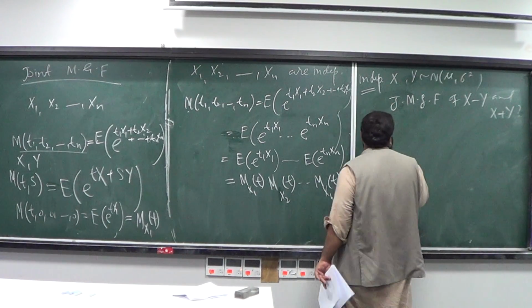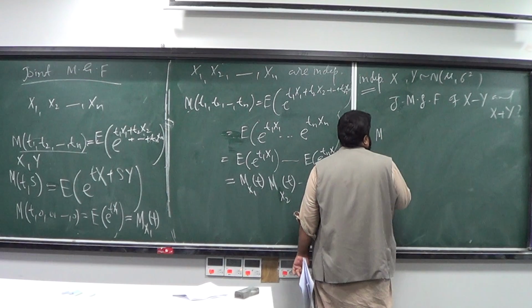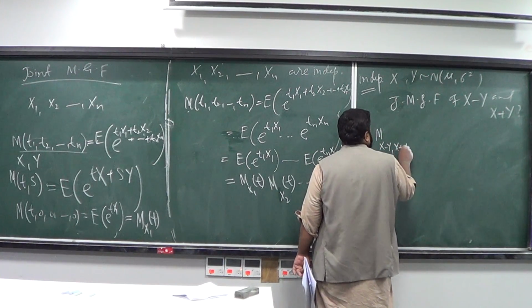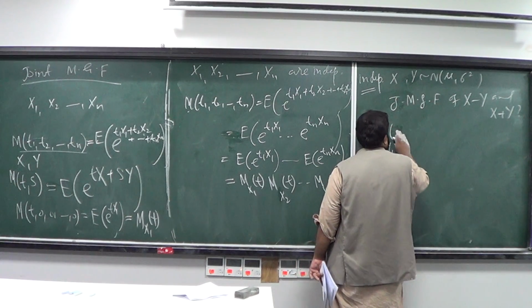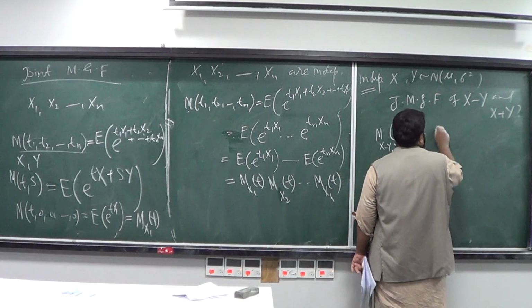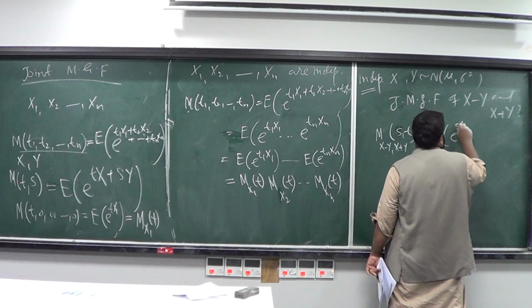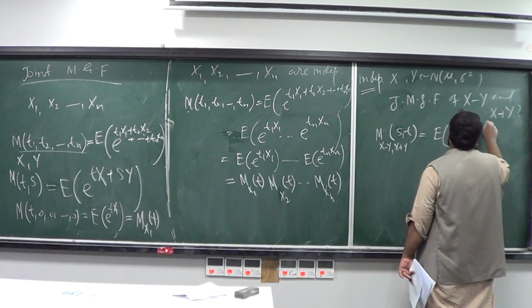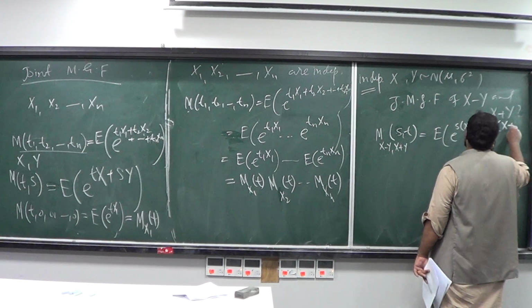What are you going to do? The joint moment generating function of x minus y and x plus y, evaluated at times s and t, is going to be the expectation of e to the s times x minus y plus t times x plus y.